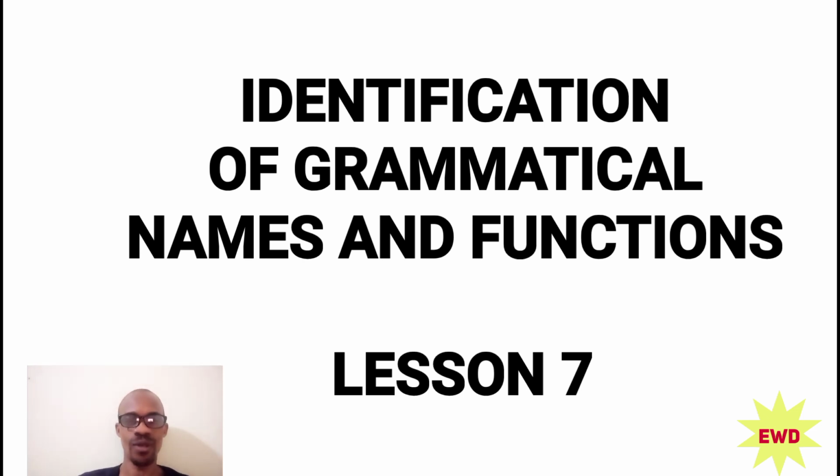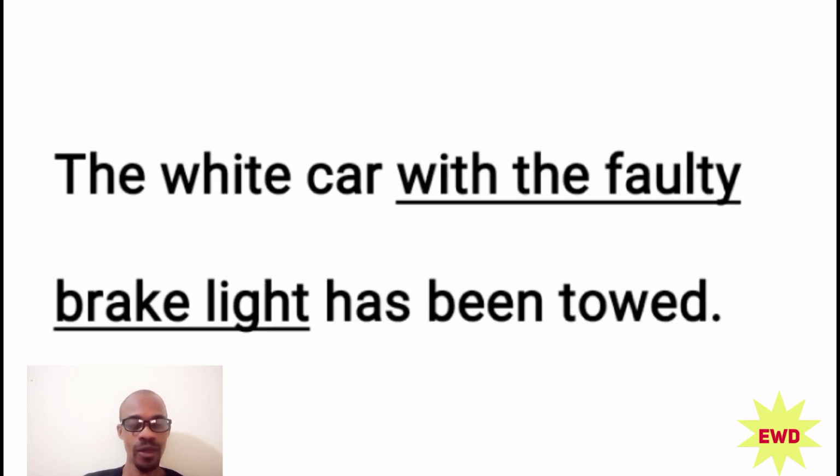What I do is that I give you a sentence, and within that sentence there will be an underlined section, and then we try to identify the grammatical name and function of the underlined part of the sentence. So I'm going to teach you how to identify it. Our sentence today is: the white car with the faulty brake lights has been towed.